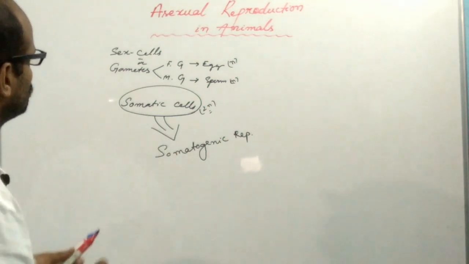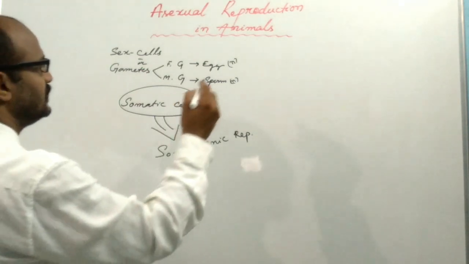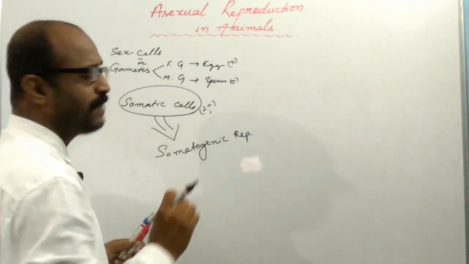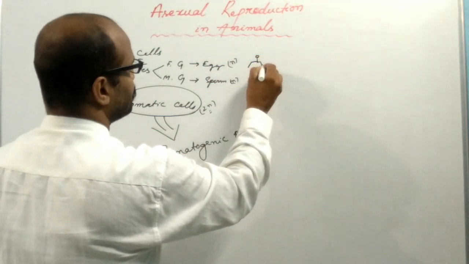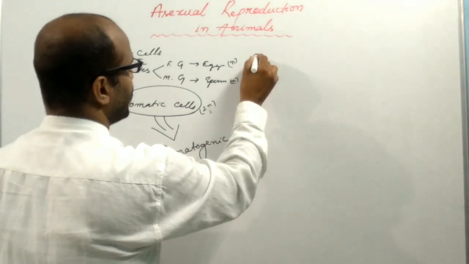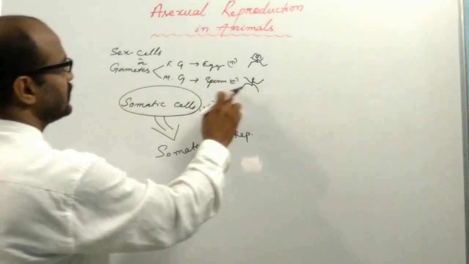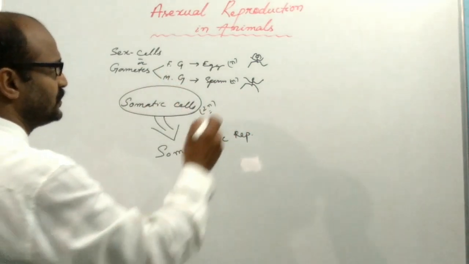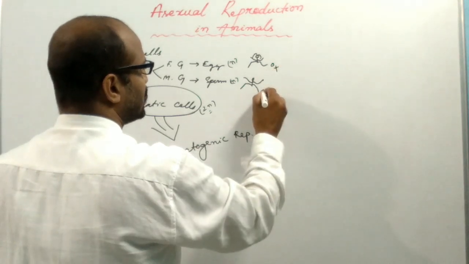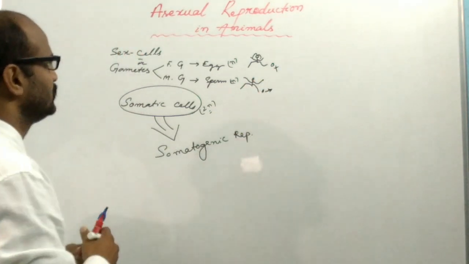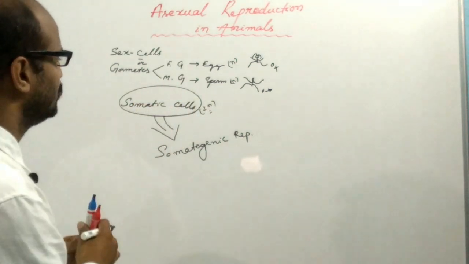In case of sexual reproduction, we have seen that there are two parents. The female parent, which is the mother, produces egg, and another is the male parent, known as the father.